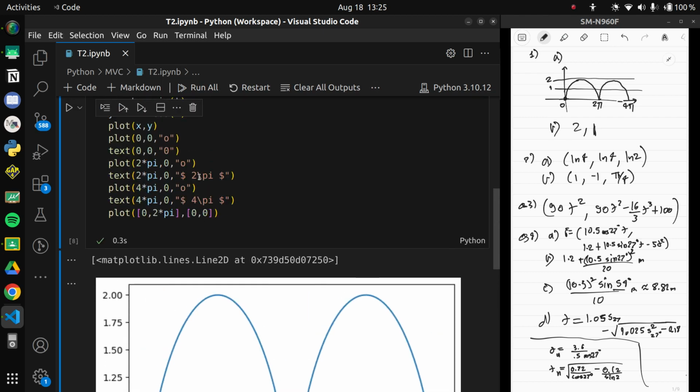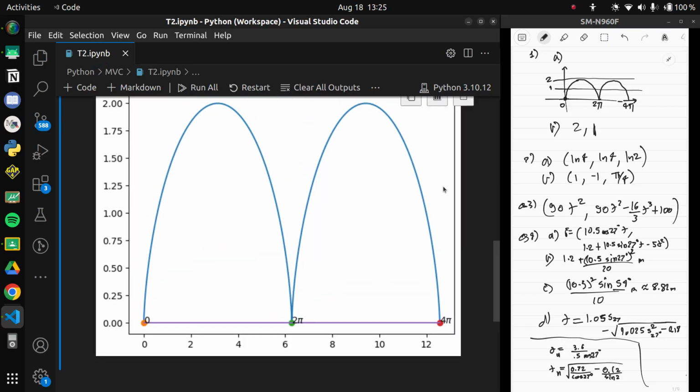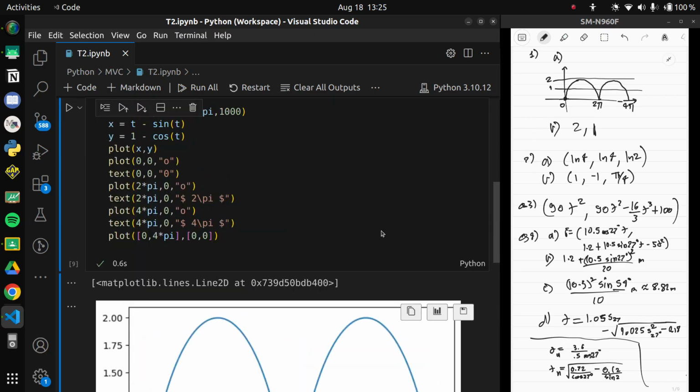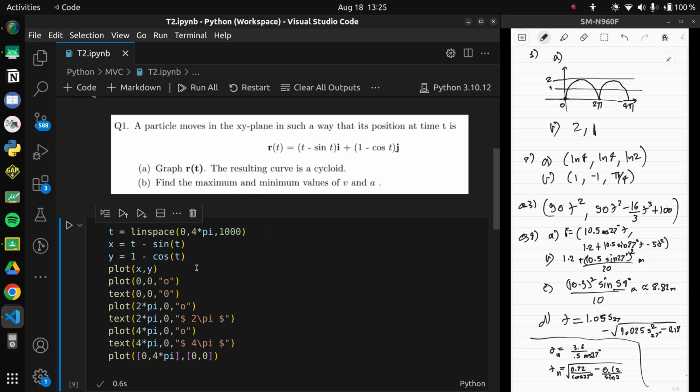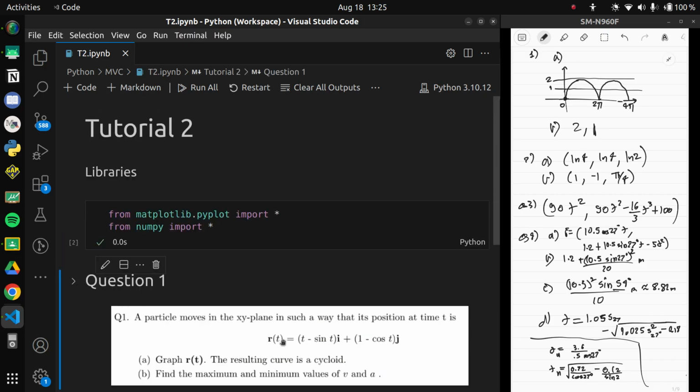Oh wait, why didn't you just do, oh, because I just put that. Cool, that's going to work out. Yeah, that is kind of matching what we thought it would. Sure, okay, that's a plot. That's question 1.